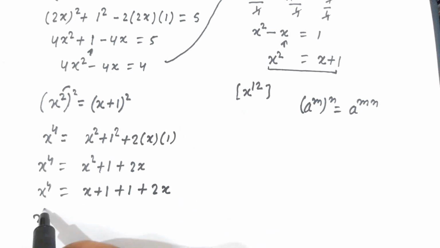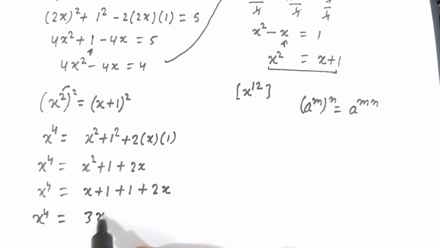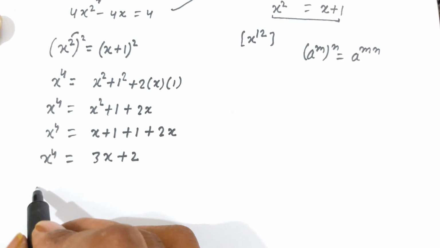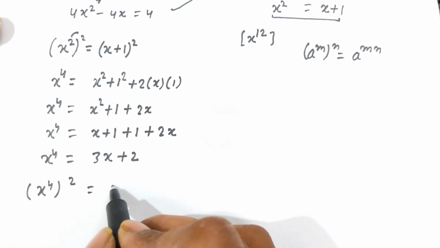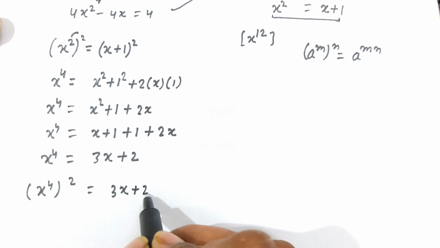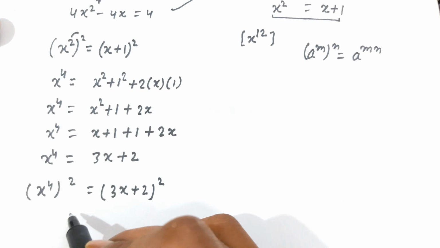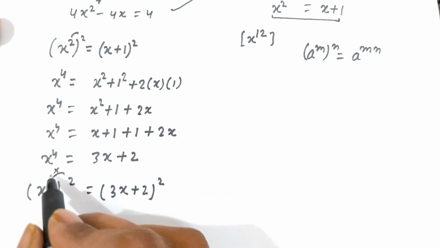Then x power 4 is equal to x plus 2 times x is 3 times x, plus 1, that is 2. Now if we take square again on both sides, then on the left hand side is (x power 4) bracket power 2, and this is equal to (3 times x plus 2) bracket power 2. Now on the left hand side we will apply this rule again. Then on the left hand side this 4 and this 2 are multiplied.